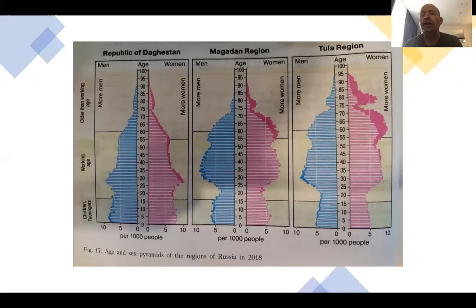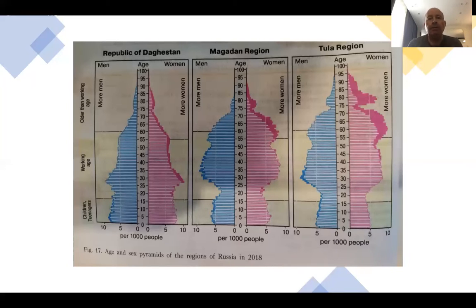In addition, women tend to live longer anyway in all populations, as long as pregnancy and childbirth has become a relatively low risk activity. So that's the Tula region then, a typical example of industrial European Russia, and therefore a very similar population pyramid to the overall general population pyramid of the country.